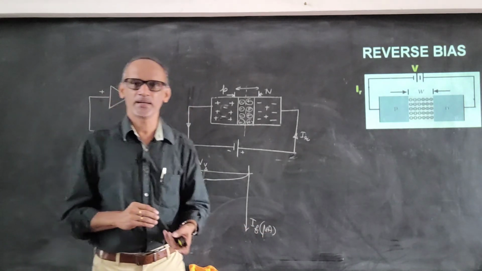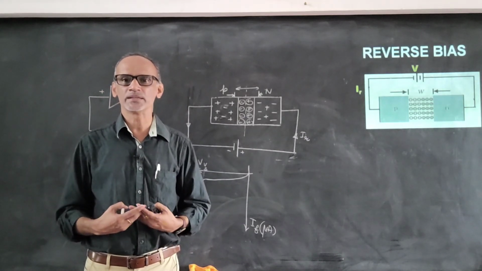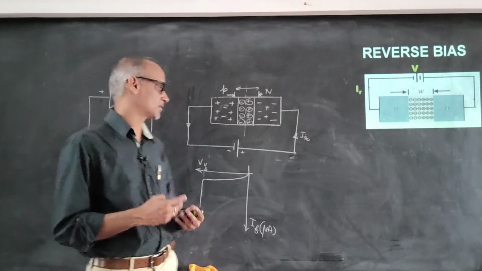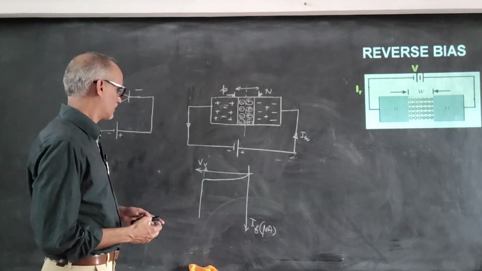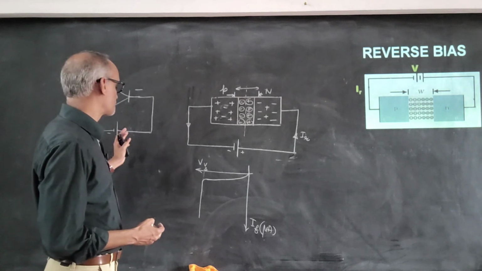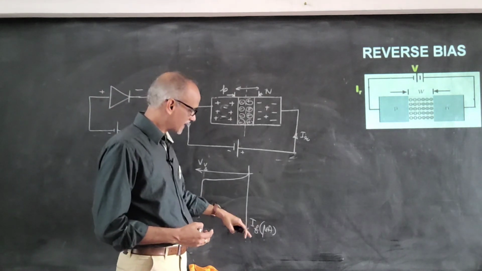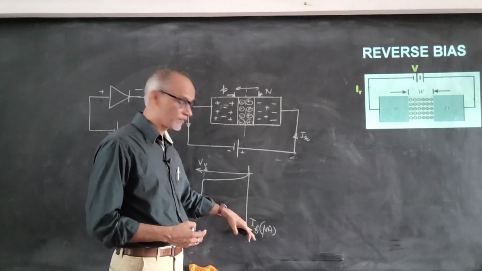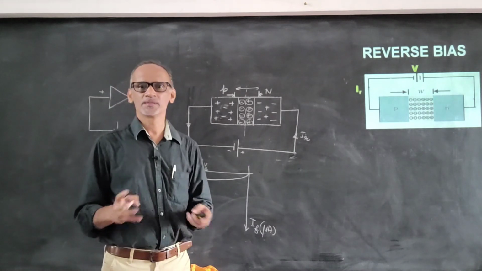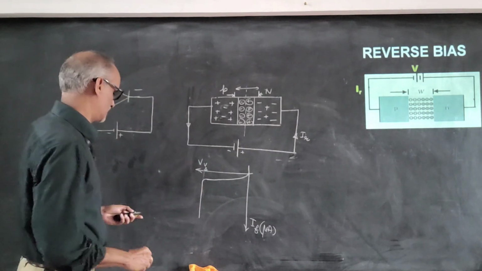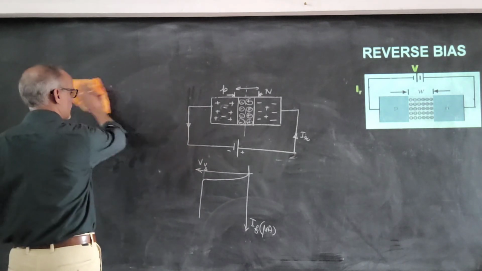The current has reduced by a factor of 1000, so the resistance should also increase by the same factor, which is 1000 times more compared to that in forward bias. And in reverse bias, since it does not allow the charges to flow, it acts like an open switch. So that is the difference between the forward bias and the reverse bias.